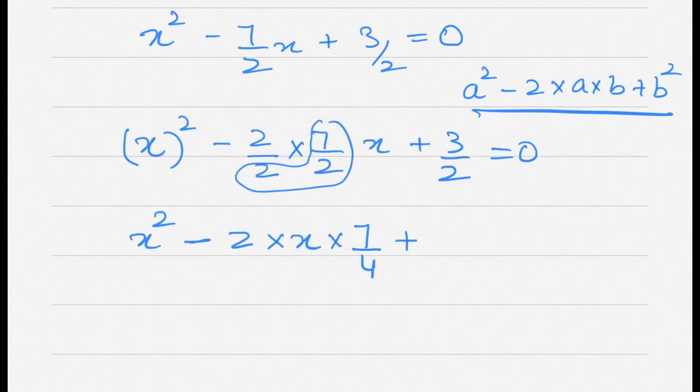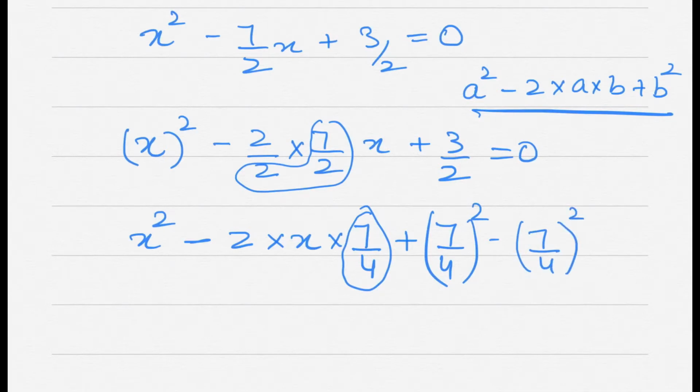Now my b I can see from this is 7 by 4, so I can write down 7 by 4 whole square, but again I can't only add; I have to subtract to justify the equation. So plus 3 by 2 is equal to 0.